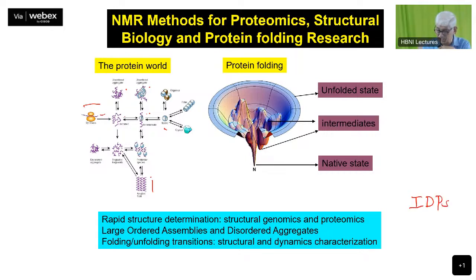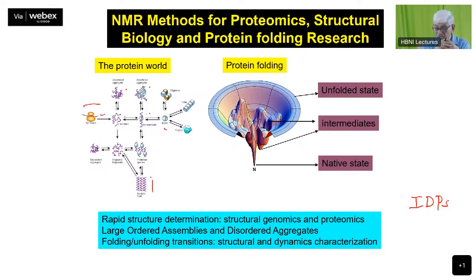What are these? These are the intrinsically disordered proteins. These are proteins which will never fold to any particular native state. These remain unfolded or random coils, or they may have some partial structure here and there, but these are IDPs. But earlier it was thought that these IDPs may not be important. It is only the native state which is relatively important from the functional point of view.